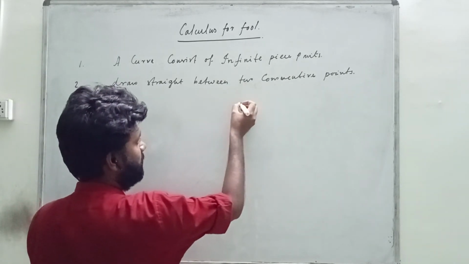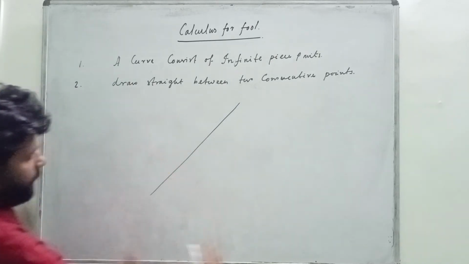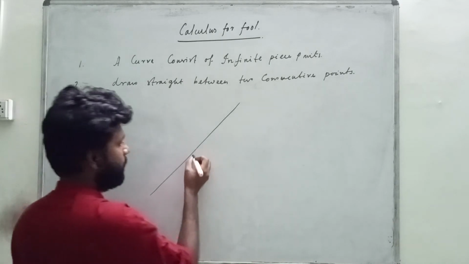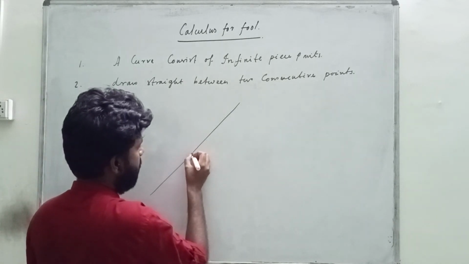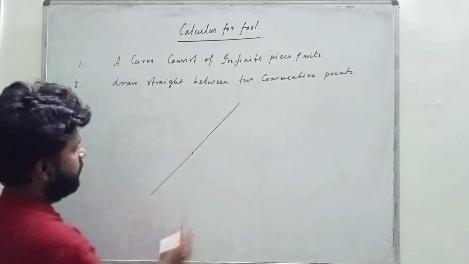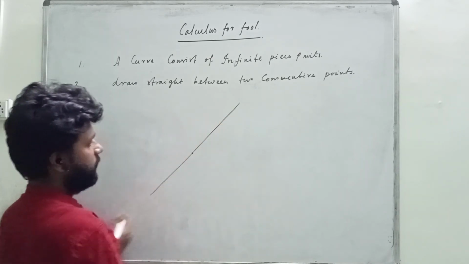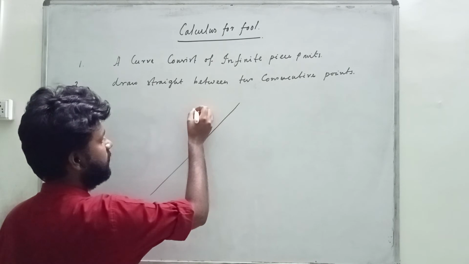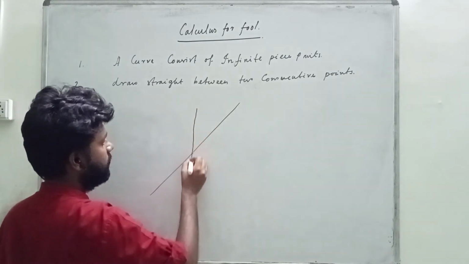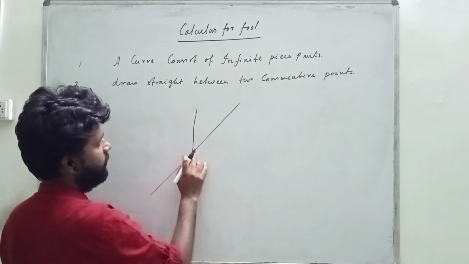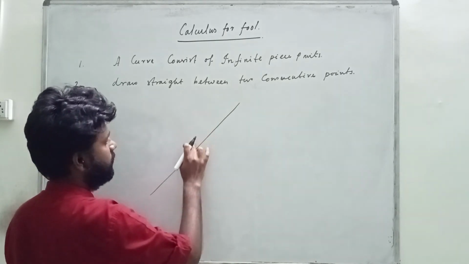Now, if there is a straight line, and if I ask you to draw a tangent at this point of the straight line, what will you do? See, if you draw this straight line, it is not a tangent because it cuts that point.